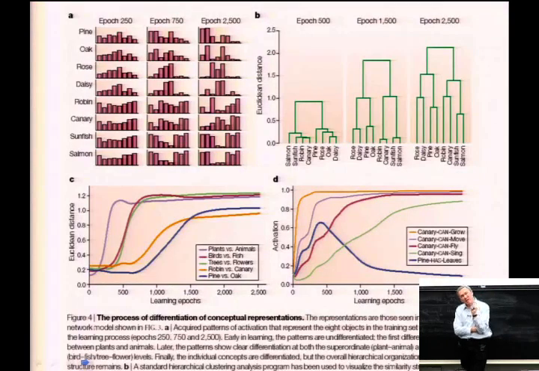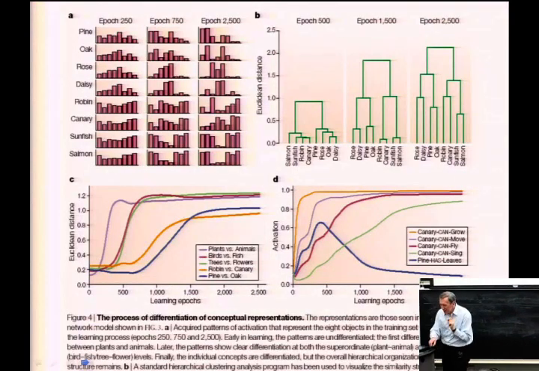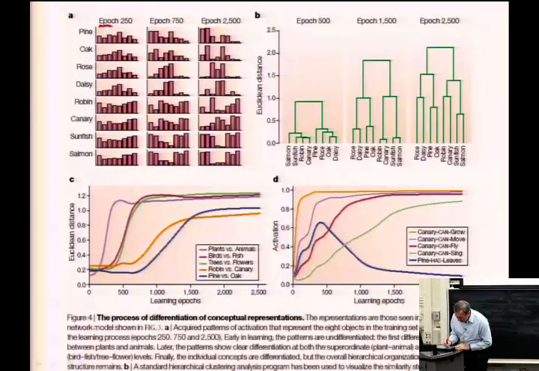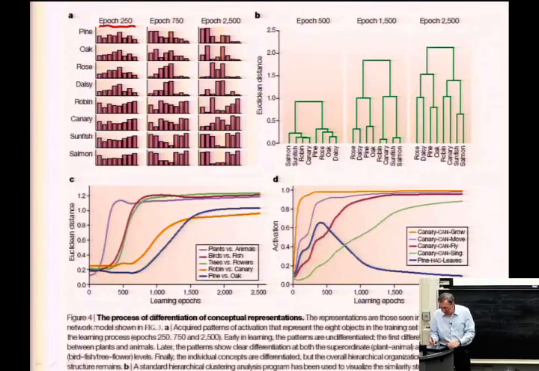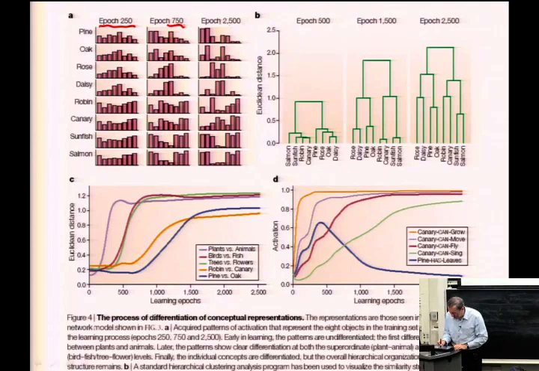And then they plotted during training, after, they used the term epoch, but that really means after 250, I will call them iterations of gradient descent in training the network, versus after 750 iterations versus 2,500 iterations.